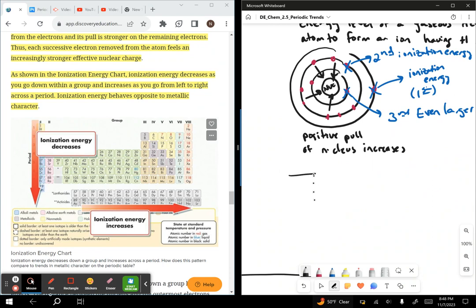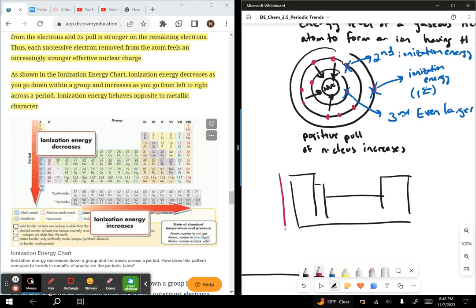If we were to draw our periodic table, ionization decreases this way, and as we go this way, ionization increases.